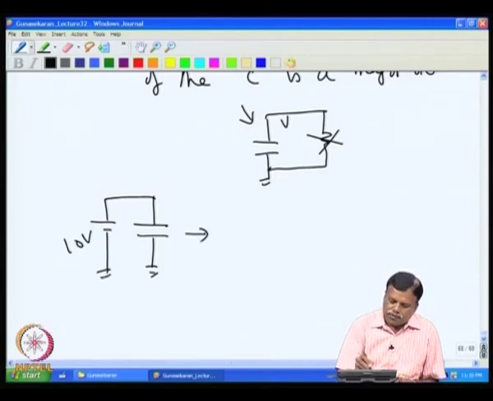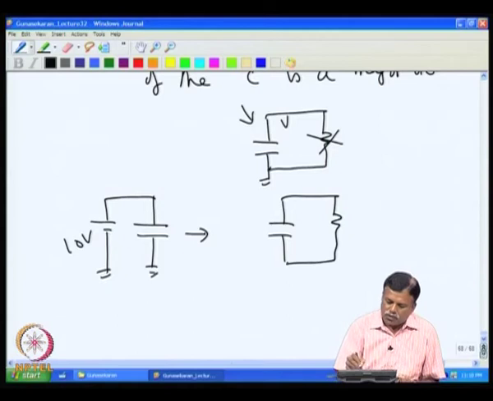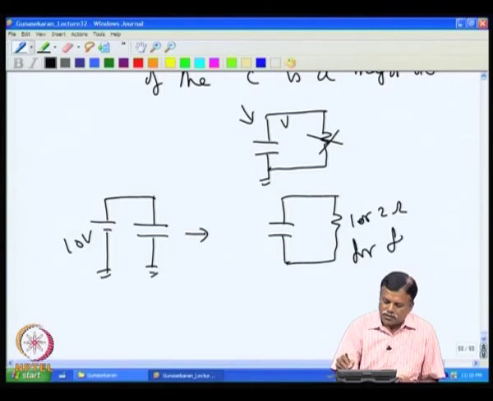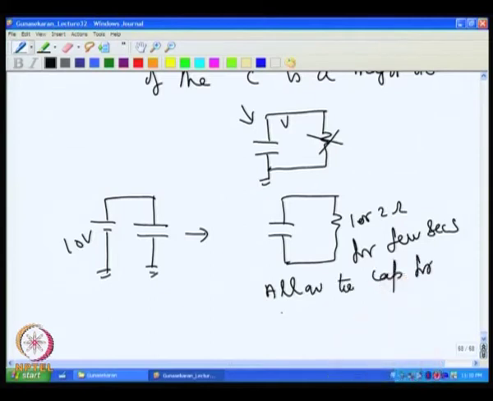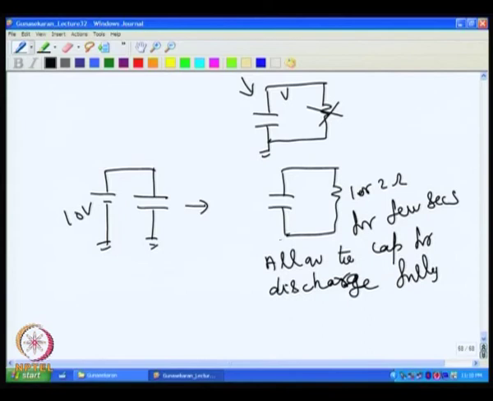Then the second step would be to put a few ohms, 1 or 2 ohms, across this capacitor and leave it on for a few seconds, allowing the capacitor to discharge fully. So, this is the first step, then second you discharge.